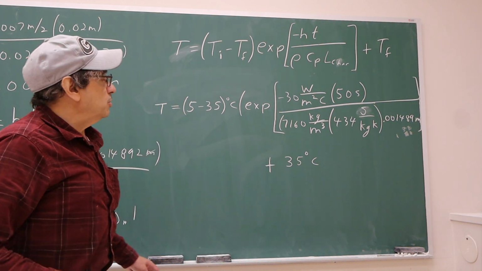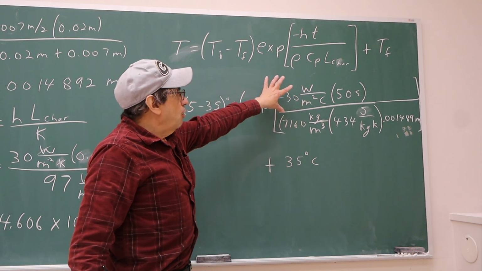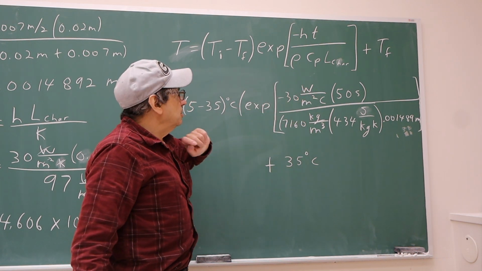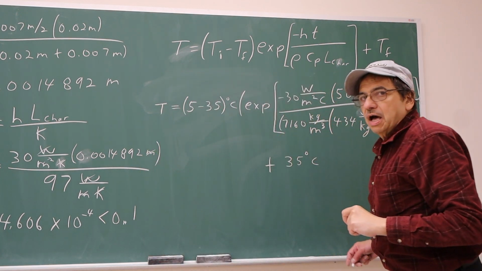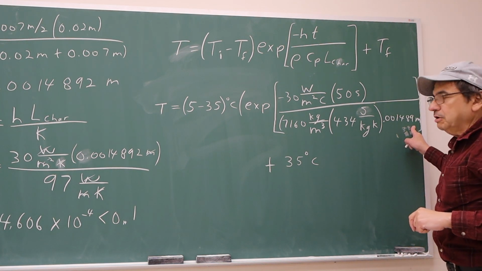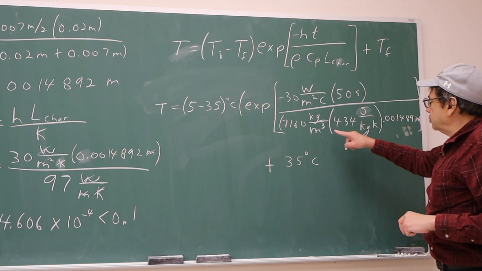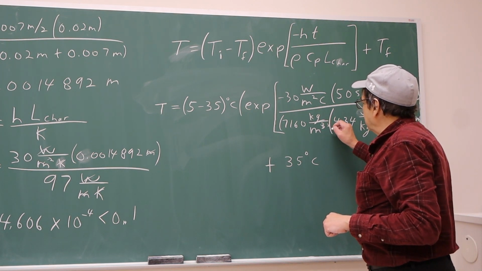Now, because we're taking the exponential here, these values should all come out to be dimensionless. So let's just check our units here. We have a meters cubed here and a meter here, so that's going to cancel one of these, so this is going to be down to a meter squared.